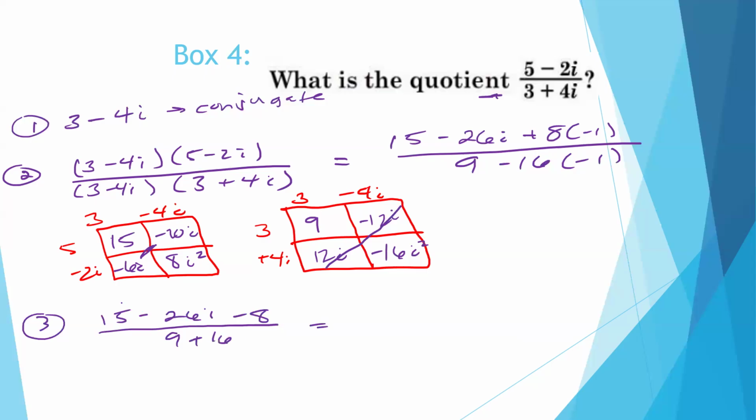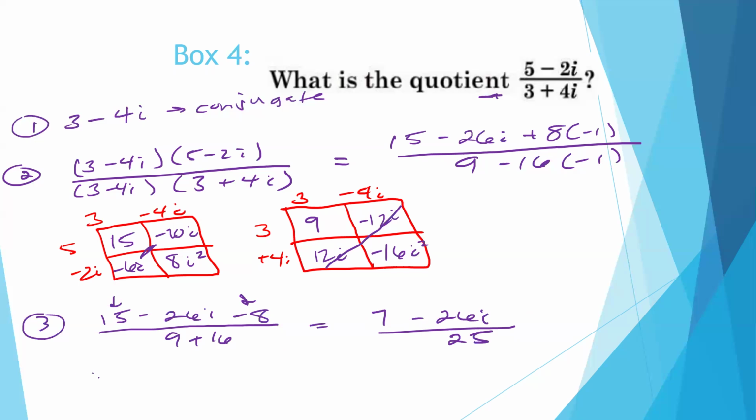So that leaves me with 15 combined with negative 8 gives me 7. So 7 minus 26i over, and 9 plus 16 is 25. Can I reduce that at all?